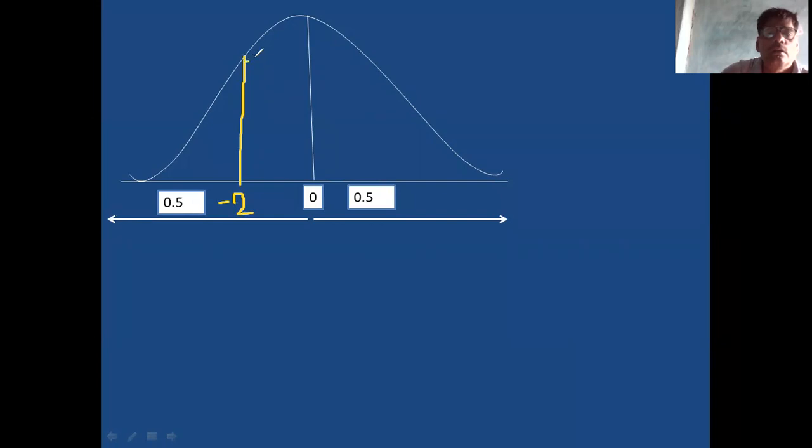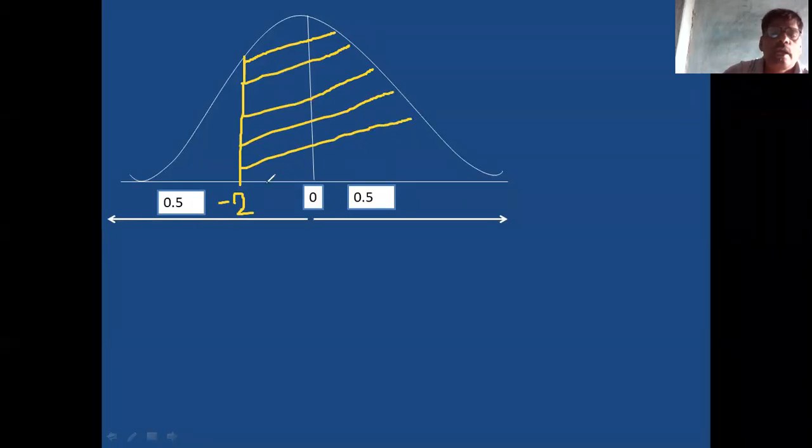More than, you mark right hand side area. If you mark the right hand side area, this is called as more than -2.